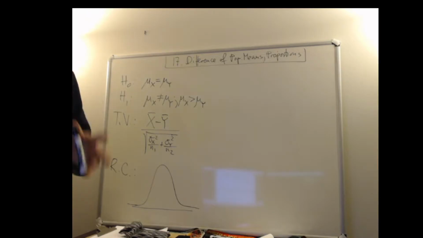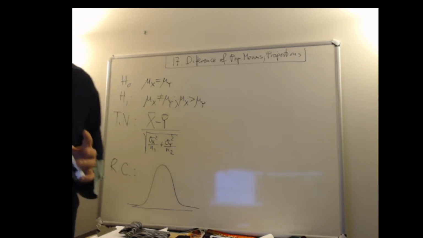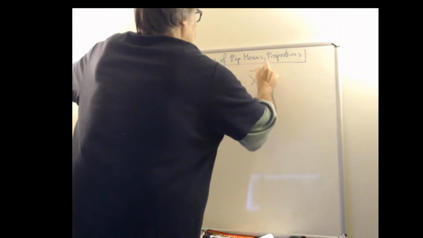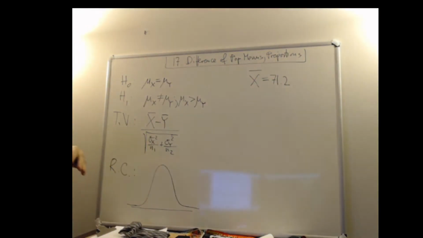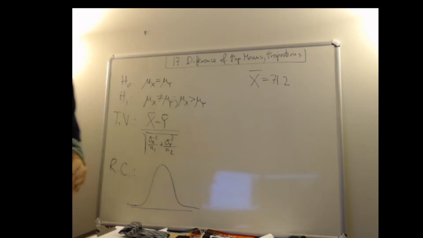Okay? In the morning group, he has 30 students. In the afternoon group, he has 33 students. In the morning group, on the final exam, he had an average score in the class of 71.2. Not everybody's scoring a C, so there will be variation there, and the standard deviation is 9.8.